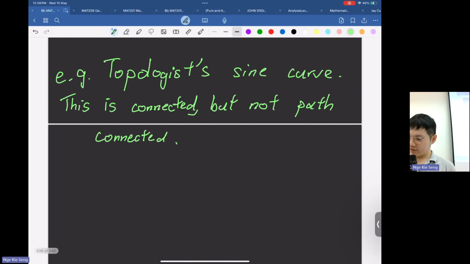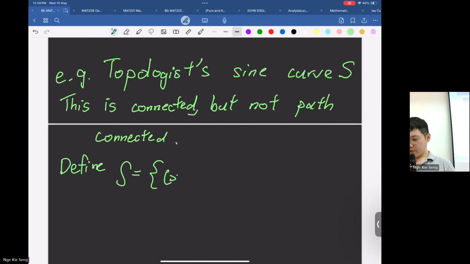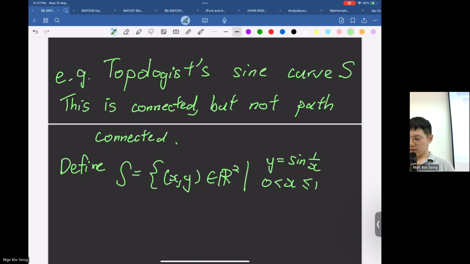So this curve, I call it X. X is equal to the set of points in R2 such that y equals sine of 1 over x, and x goes from 0 to 1, including 1 but not including 0, because 1 over x is undefined at 0. What is this curve?